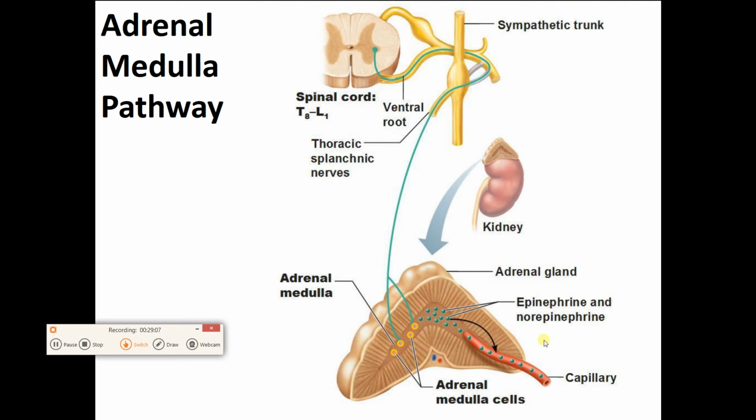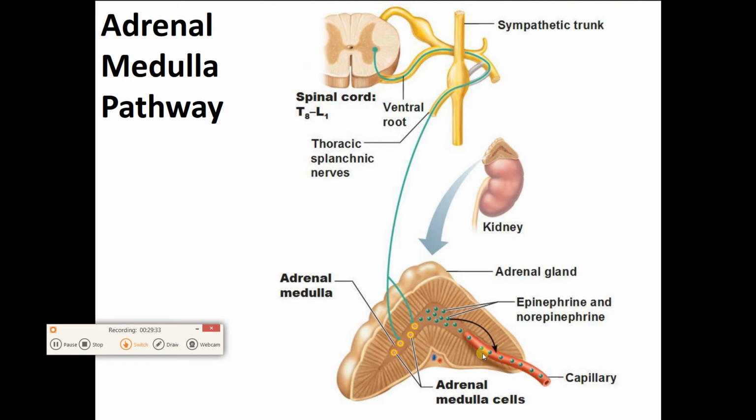They're going to be released into the blood, and they're going to stimulate effector organs in the same way sympathetic neurons would. By the way, it's about 85% epinephrine, 15% norepinephrine in this mix that gets into the blood vessels. So this is our final pathway. Wow, that was a lot.